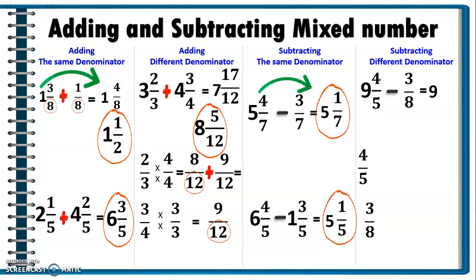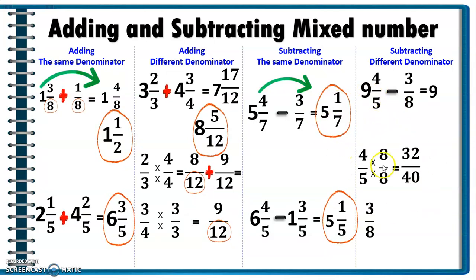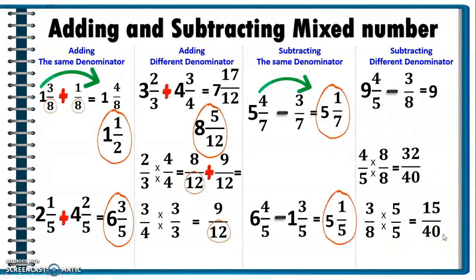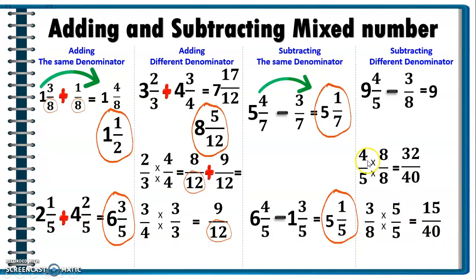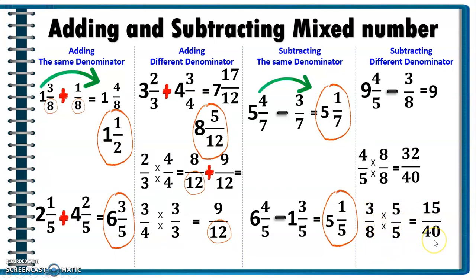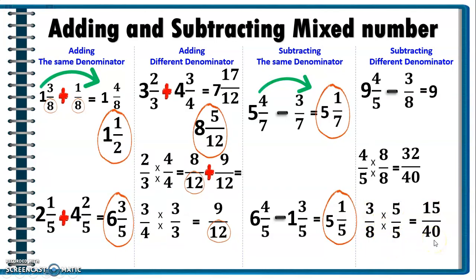So first, again, we're going to get the common denominator, and we can multiply by 8 and the other one by 5 to get the common denominator, which is 40. So 4 times 8 is equal to 32. 5 times 8 is equal to 40. Correct. So 3 times 5 is equal to 15, and 8 times 5 is equal to 40. So you can see we now have the same denominator, which is 40.